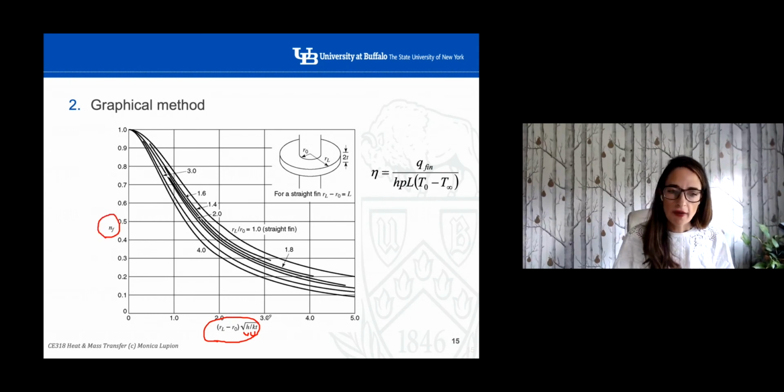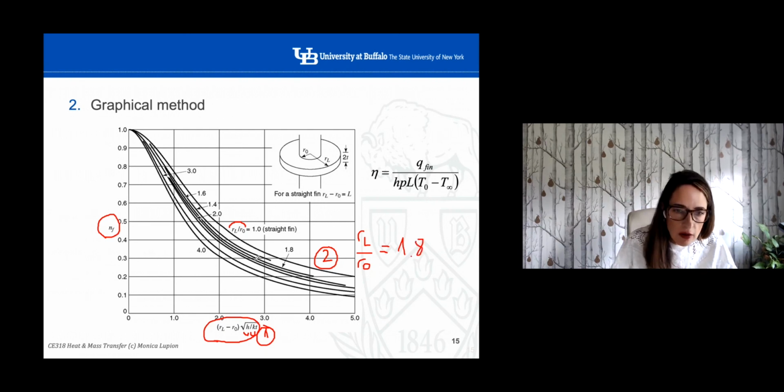So what we have to do is first to calculate this value here, and we normally have all the elements that we need. Second, we need to identify which line should I use, and the line is a function of the radius of the fin compared to the base element. Okay, so let's imagine that r_L over r_0 is equal to 1.8, for example. Okay, this is just an example.